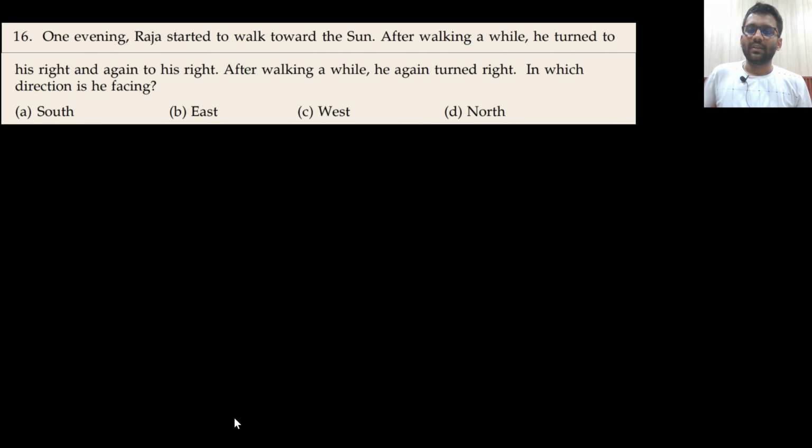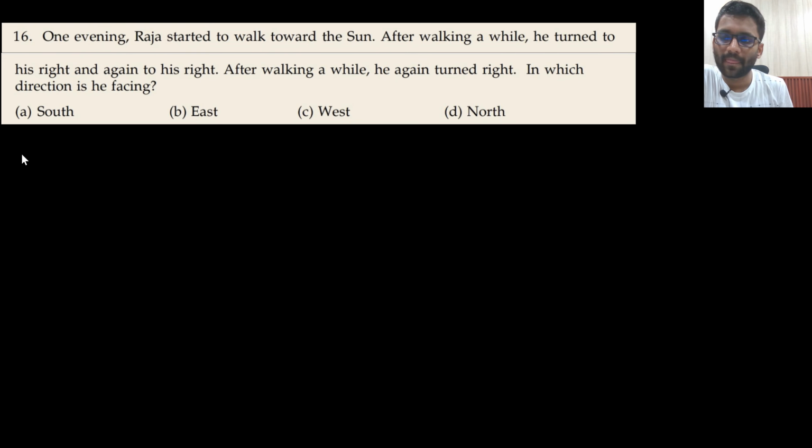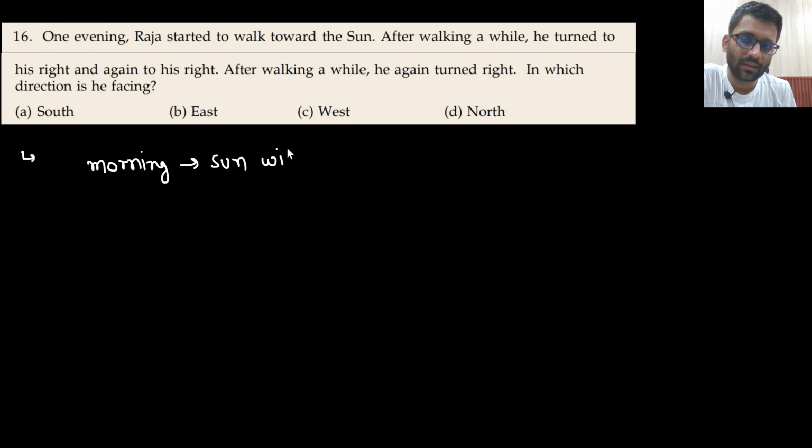Let's see this one. One evening, Raju started to walk towards the sun. So I will tell you one thing. Where the sun rises, in the morning, where will the sun be? The sun rises in east or west? East.